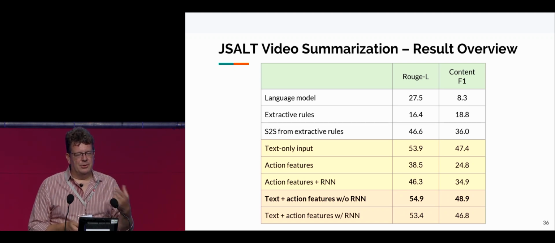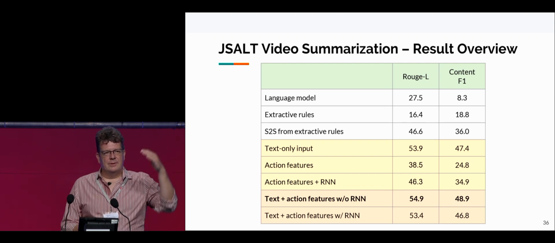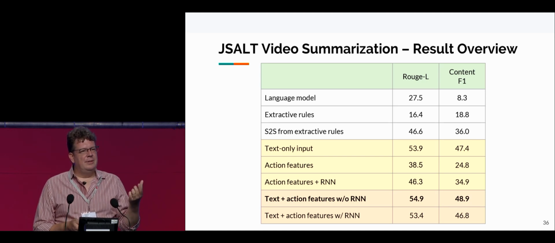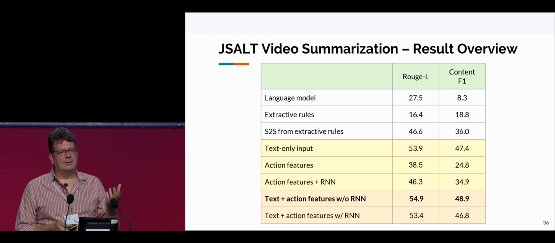And what we were able to show is that using this end-to-end architecture that inputs images, text, and audio, we can generate these summaries better when we have multimodal input than when we only have the text input or when we only have the images as an input.